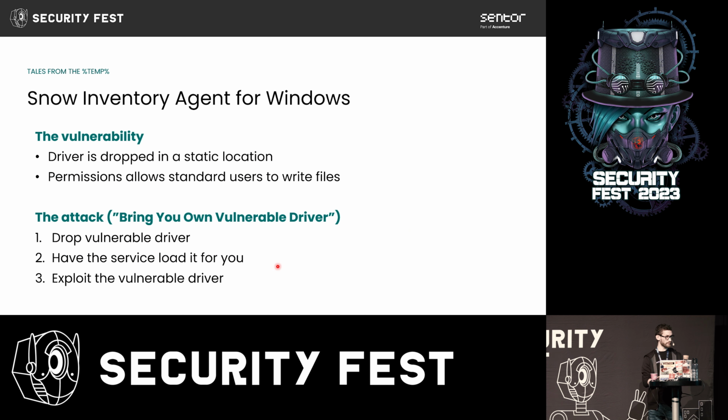This is vulnerable behavior because you drop the driver in a static location, and it's a location where normal users can create files. So the attack is pretty neat. It's what you call bring your own vulnerable driver. You just drop a vulnerable driver instead of the intended driver, have the service load it for you, and then use a public exploit to escalate privileges.